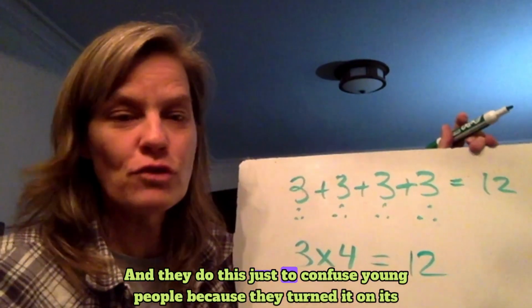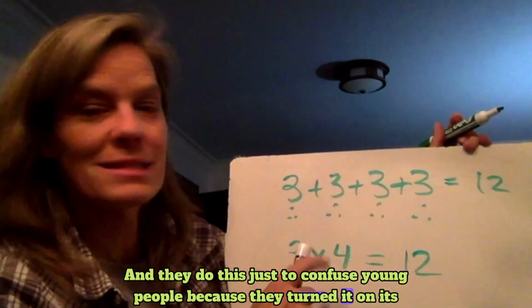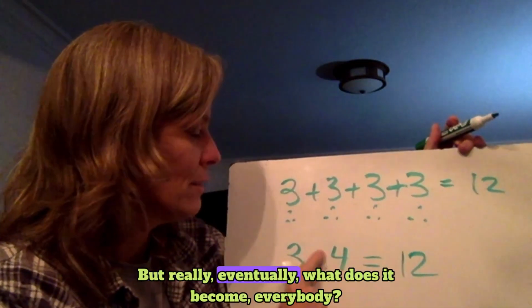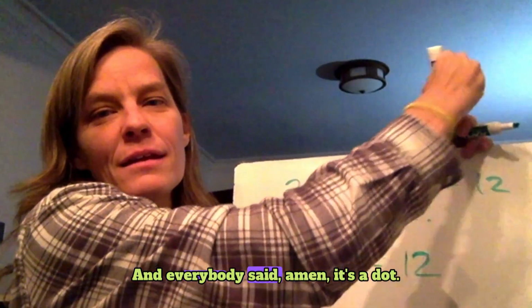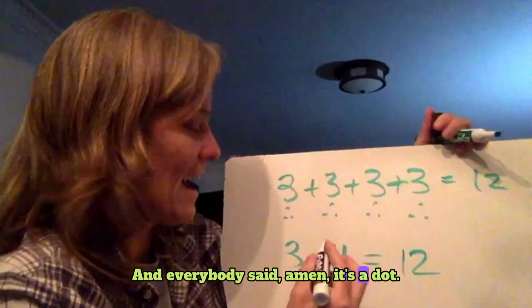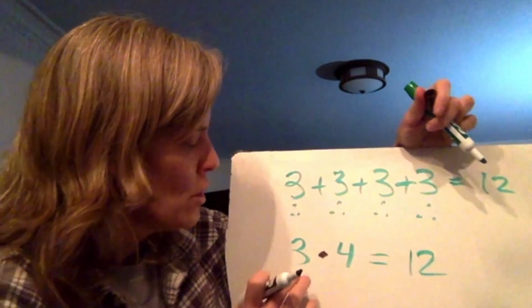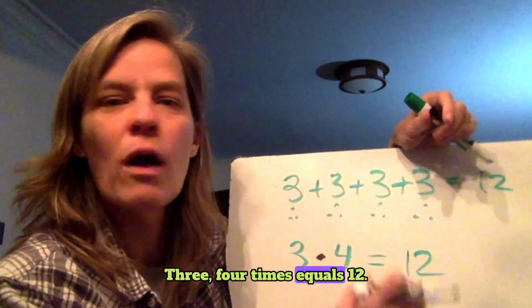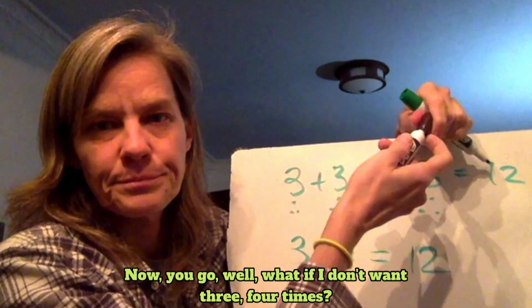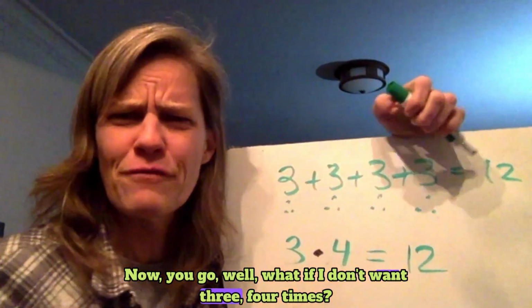And they do this just to confuse young people because they turned it on its side, but really, eventually, what does it become, everybody? And everybody said, amen, it's a dot. Still got enough mojo left in the brown. 3, 4 times equals 12. Now, you go, well, what if I don't want 3, 4 times?